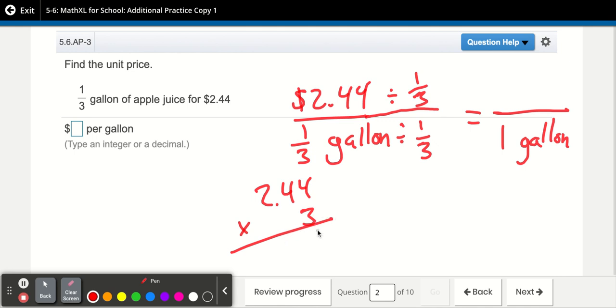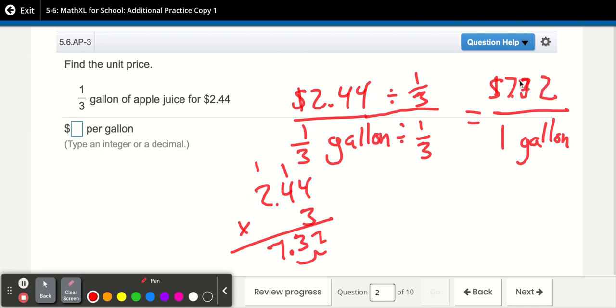All right, well, we got that set up. 3 times 4 is 12. Carry that 1. 3 times 4 is 12, plus 1 is 13. Carry that 1 over there. And then 3 times 2 is 6, plus 1 is 7. Now, don't forget that decimal right there. We have 2 decimals, so we go over 1, 2, put our decimal there. So it's going to be $7.32.